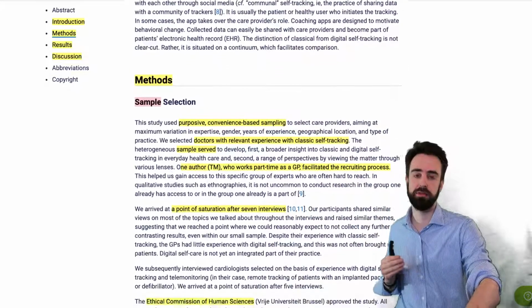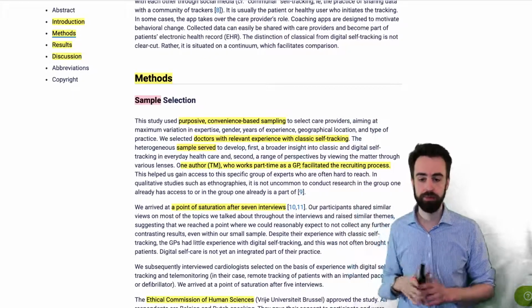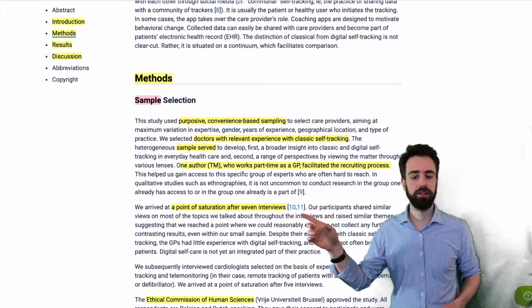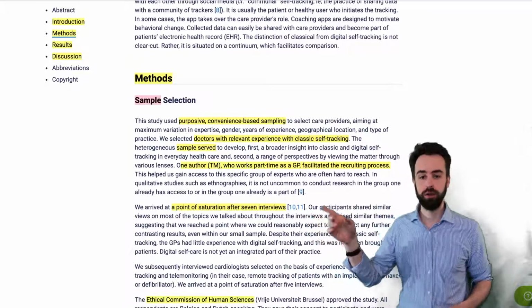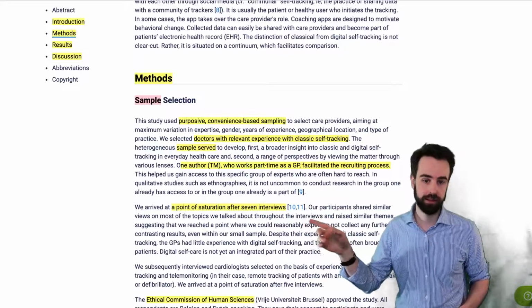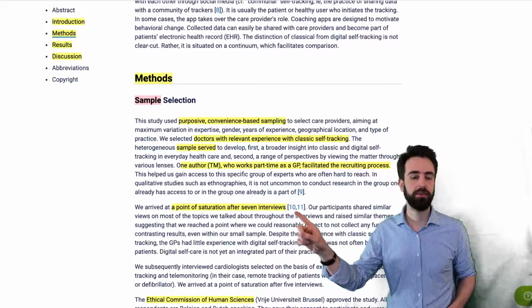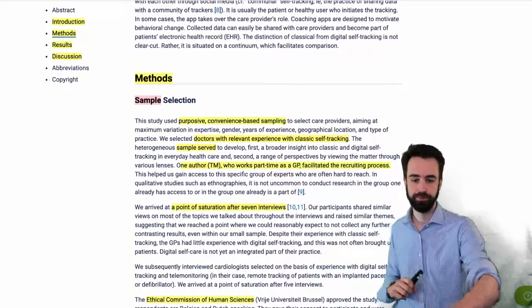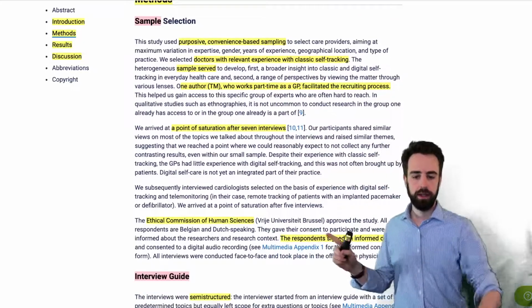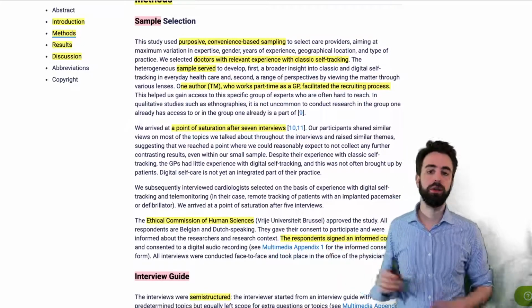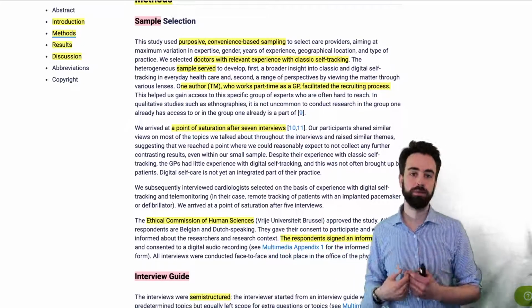Who are our participants and how were they sampled? We also get introduced to when we stopped collecting data. Well, at a point of theoretical saturation, which was obtained after 7 interviews. At the end of this part, they also discuss the ethical protocols behind the study.